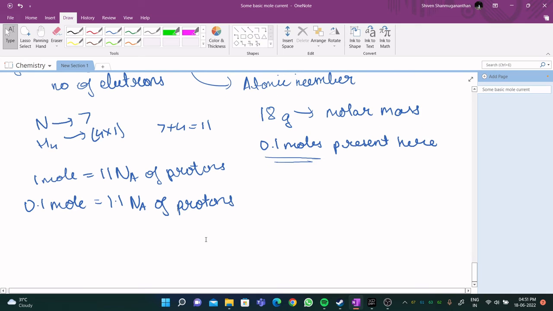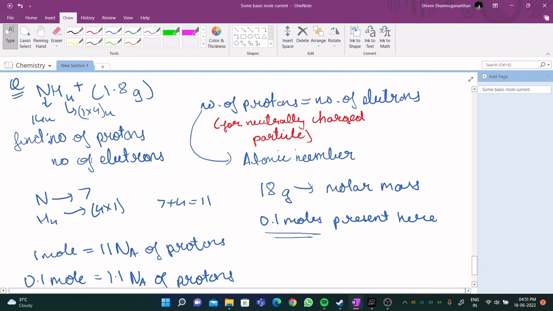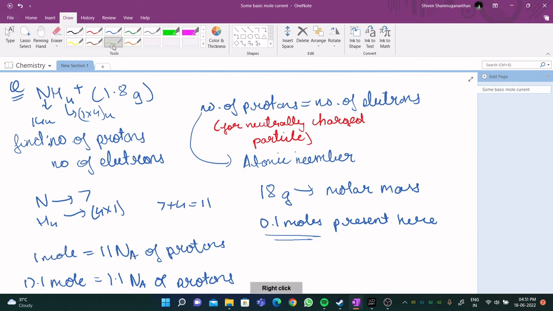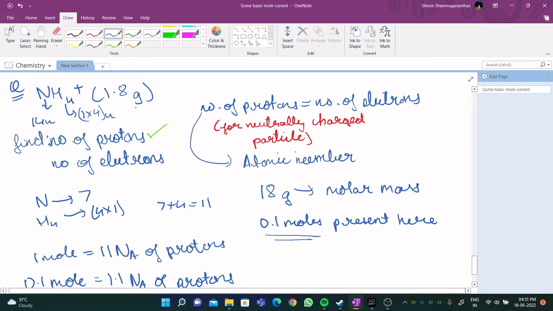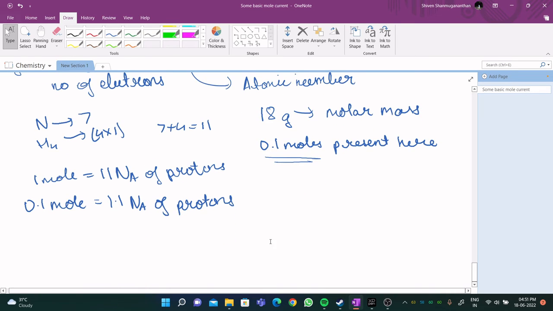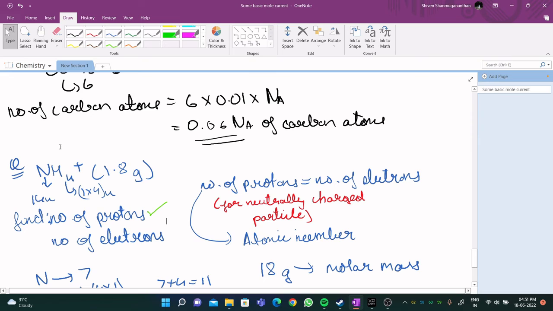Fine. Now let's look at the electron part of this question. If we look at the charge, this is a positive charge, right? This positive charge signifies that the molecule lost an electron.